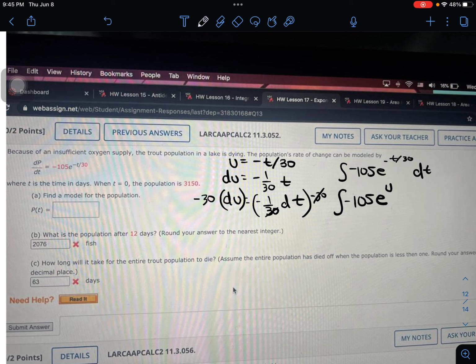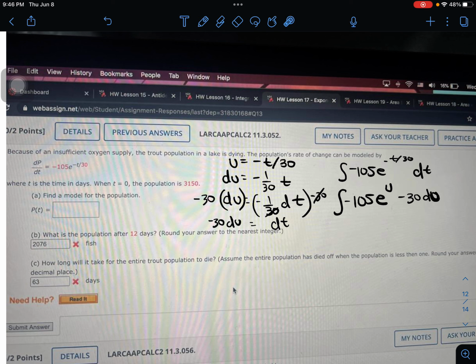Okay? So right here, dt equals negative 30 du. And the reason I did that is because this dt, I need to replace it with a du. Well, dt is negative 30 du. So that's going to be negative 30 du. That's a u, du.